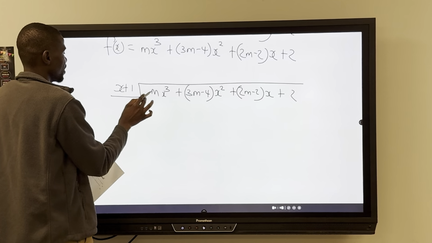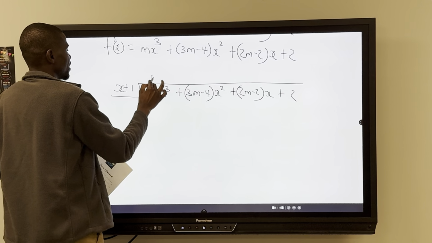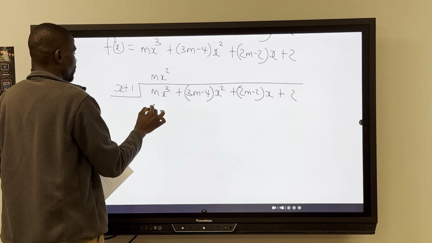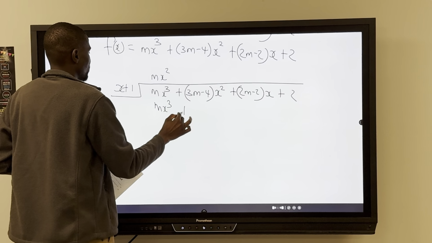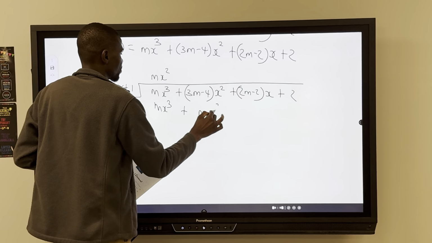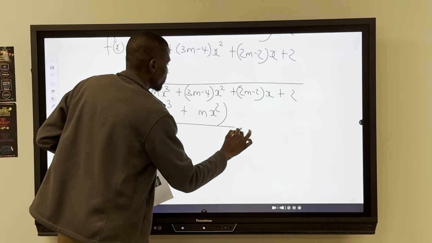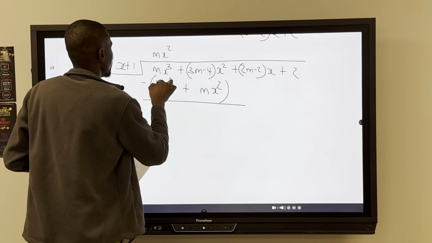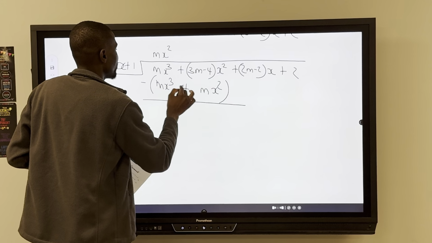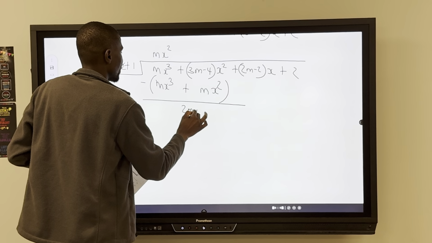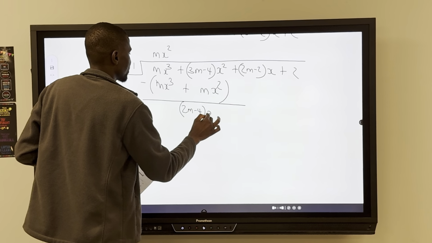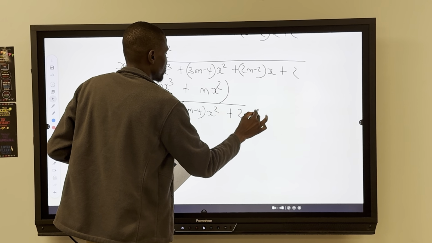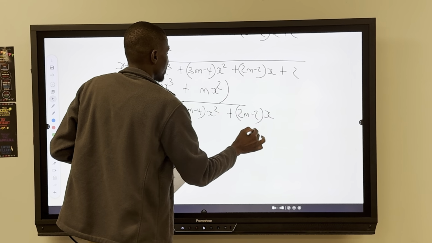So x into mx cubed, it's mx squared. This times that, we have got mx cubed plus mx squared. Then we are going to subtract, right? So when we subtract, this will cancel out, 3m minus m, so we have (2m minus 4)x squared plus (2m minus 2)x, right?